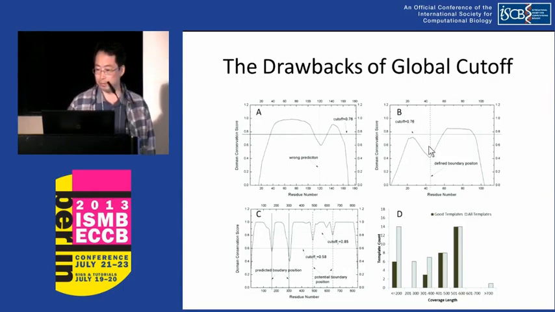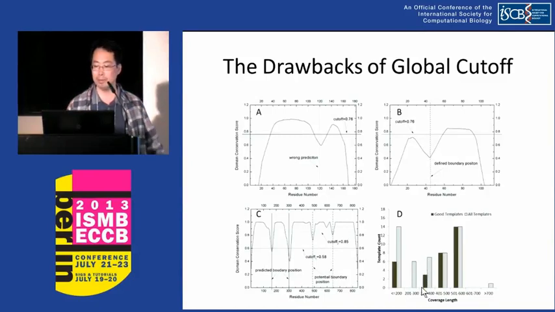In figure B, there are only two peaks. When the cutoff is more than this peak, the ThreaDom algorithm thinks there is only one domain. In fact, for this target, there are two. The main reason is that from 0 to 45, this part is very short.